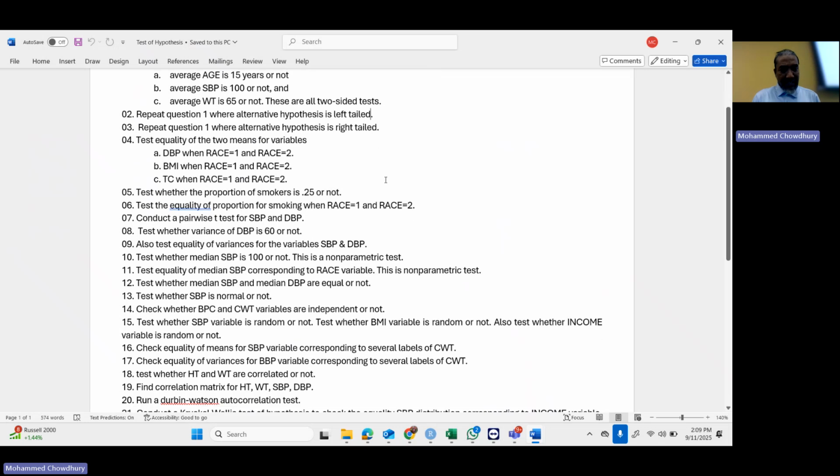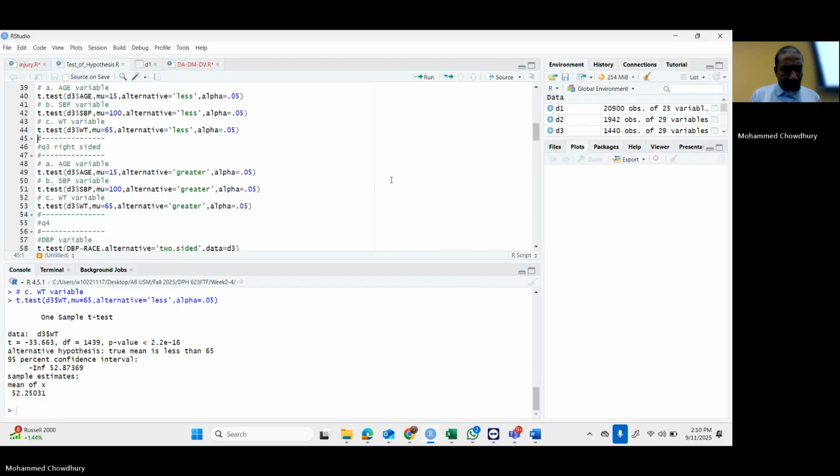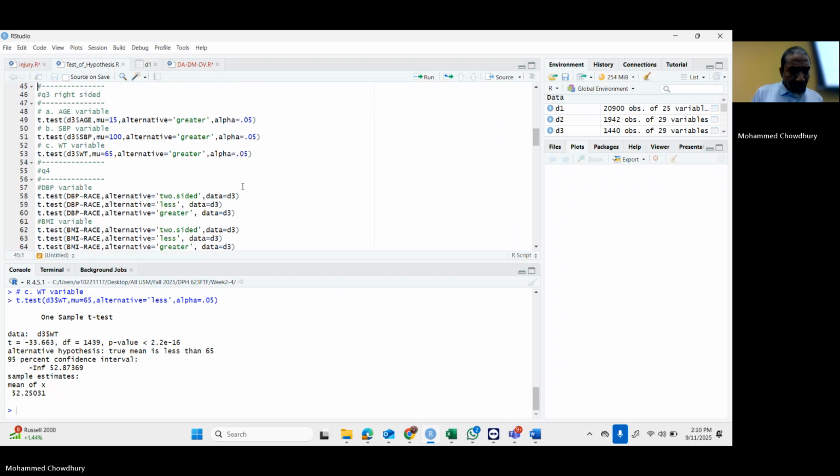After that, now I want to test whether DBP, diastolic blood pressure, is the same for African American and Caucasian. I want to test that, which could be done by writing this.